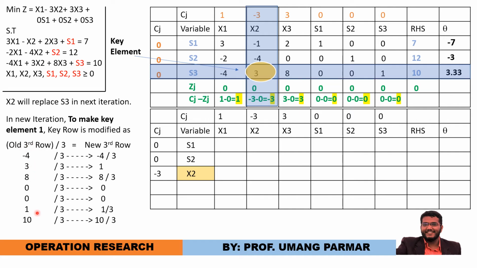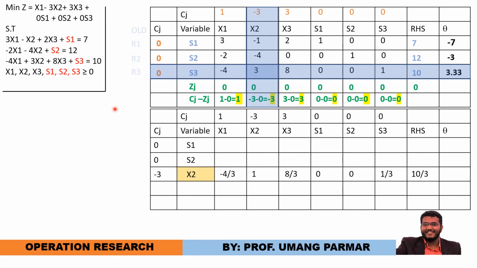This is my old third row and this is my new third row. So I mention this new third row here: -4 by 3, 1, 8 by 3, 0, 0, 1 by 3, and my new RHS value, that is 10 by 3, for the variable x2. So now in our solution there is a new variable x2 and its value is 10 by 3.